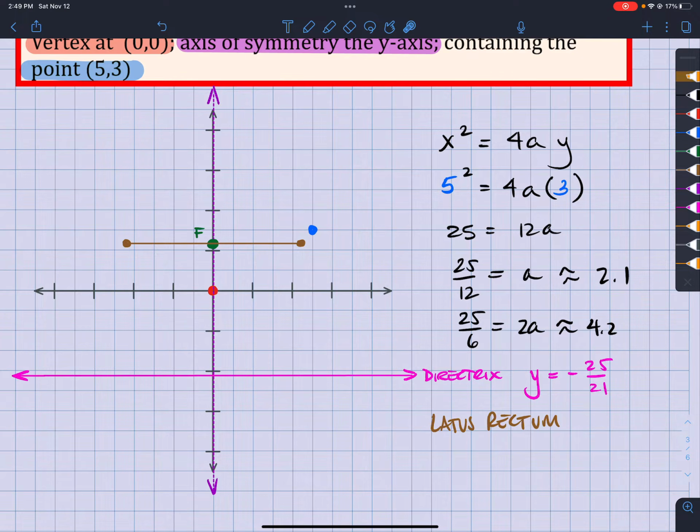So my point for the latus rectum is going to be: my x value is plus or minus 25 over 6, comma, my y value is going to be 25 over 12. So there's my 2 points for the latus rectum, okay?